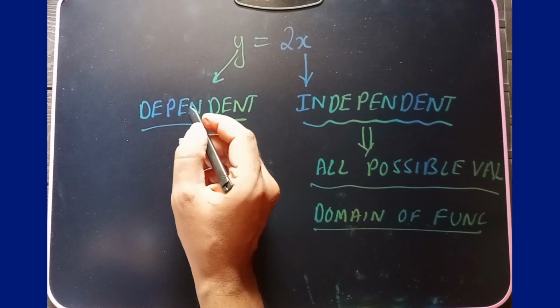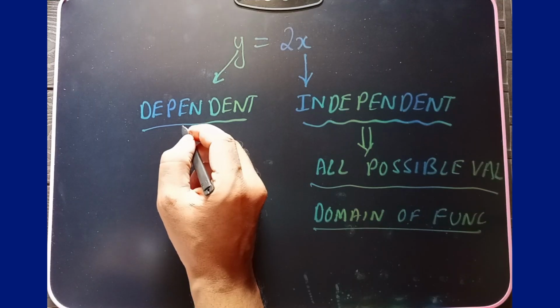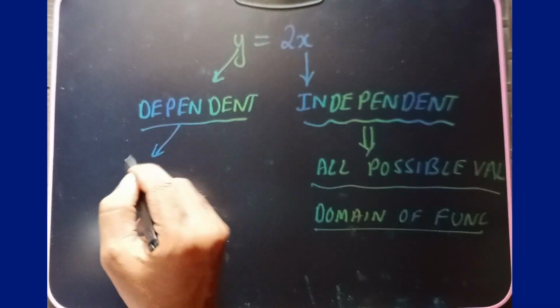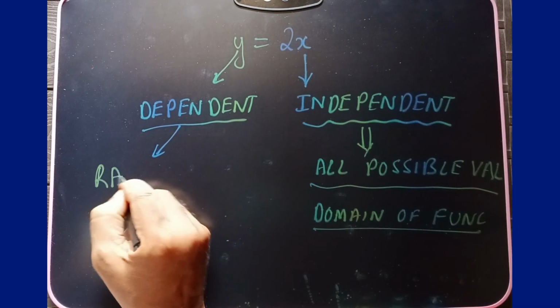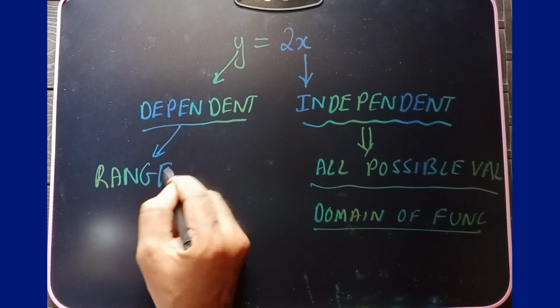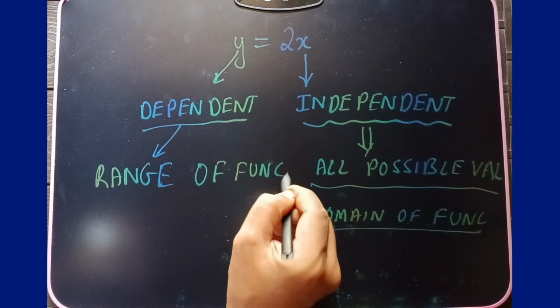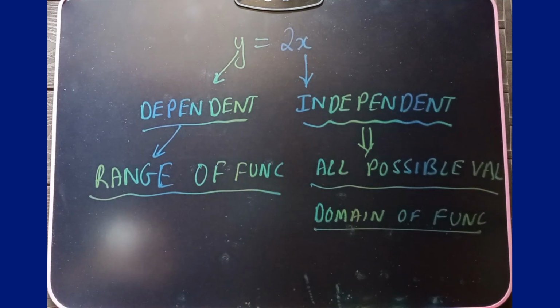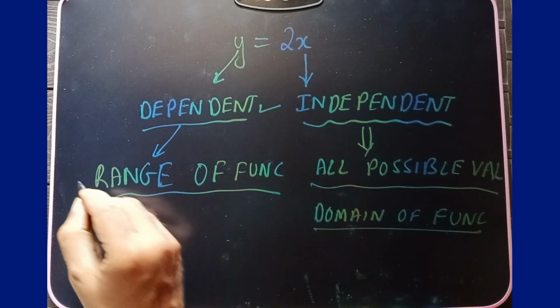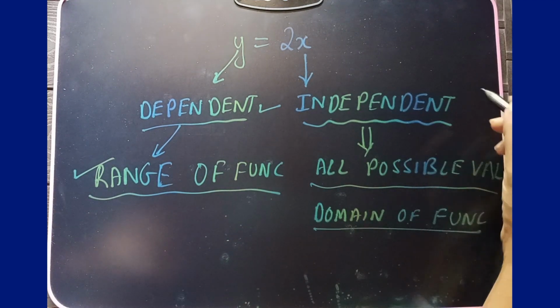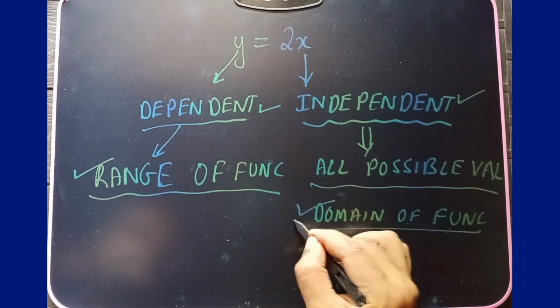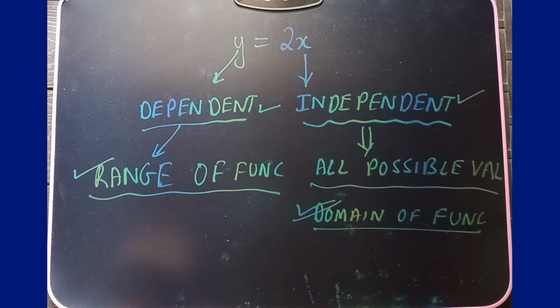And the dependent variable also has possible values. This is called the range of the function. The dependent variable gives you the range of the function, and the independent variable gives you the domain of the function. So these are some of the terms of a function.